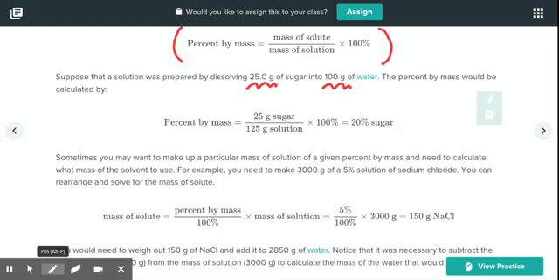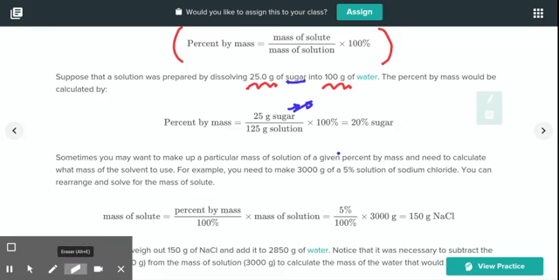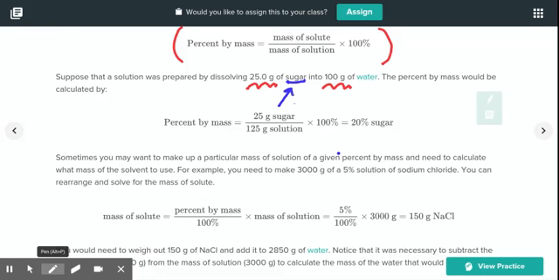The mass percent is calculated as the mass of solute over the mass of solution. Our solute is sugar, which is 25 grams. The water is the solvent, which the solute dissolves into.